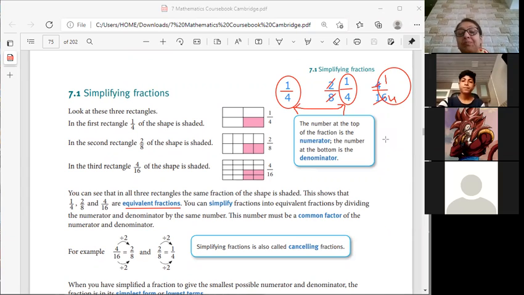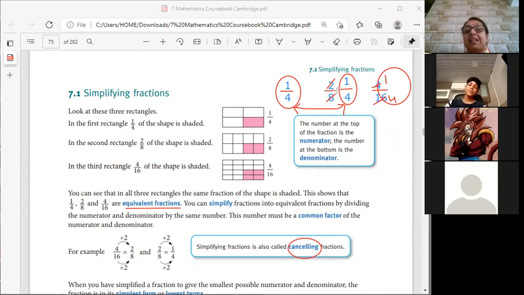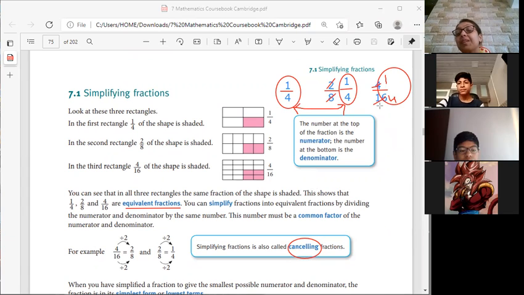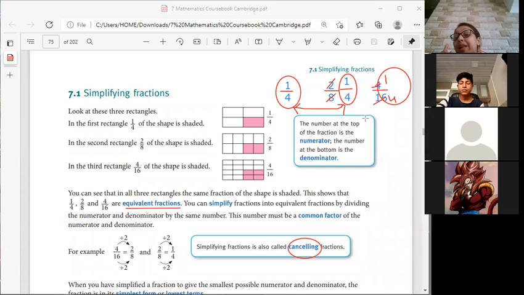Now you can see that your textbook is also using a word called cancelling, and you saw me doing this cancelling. We are cancelling, but we are cancelling with the same table. You have to remember that I can't cancel with different tables.